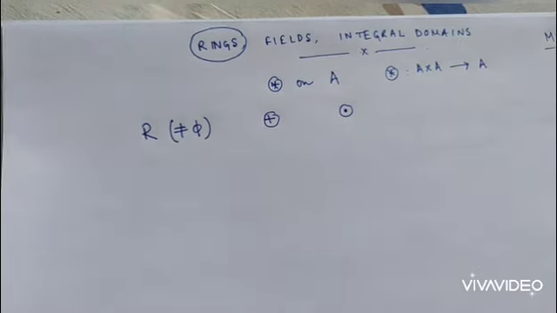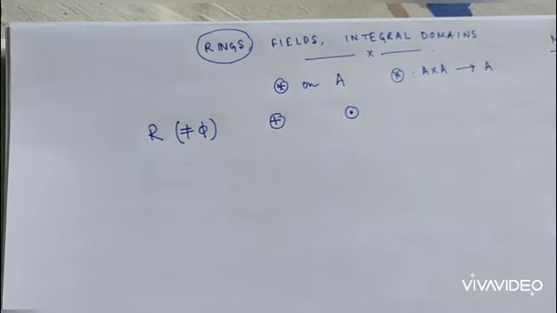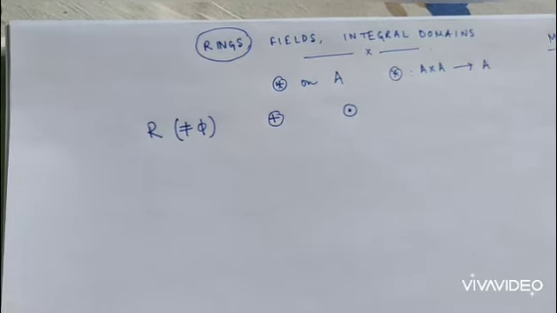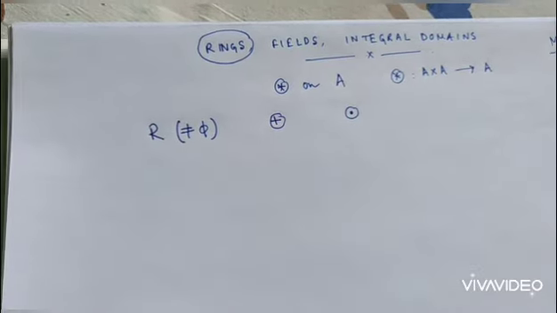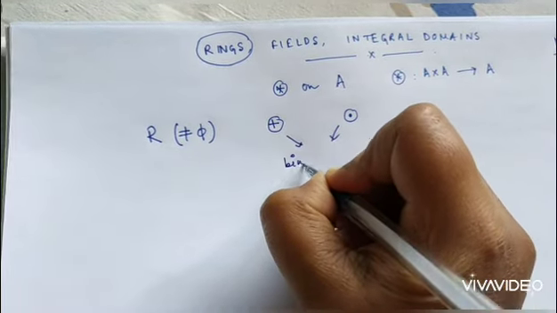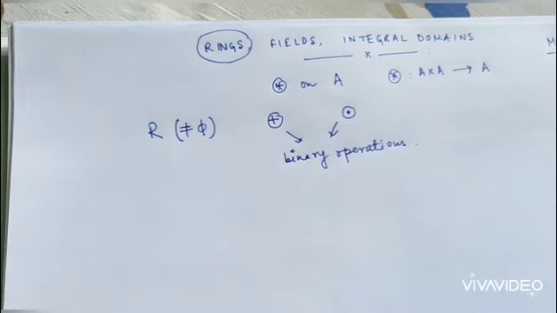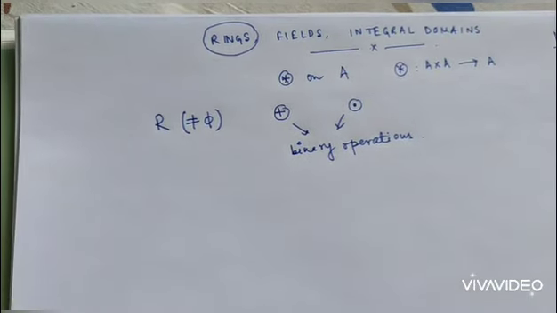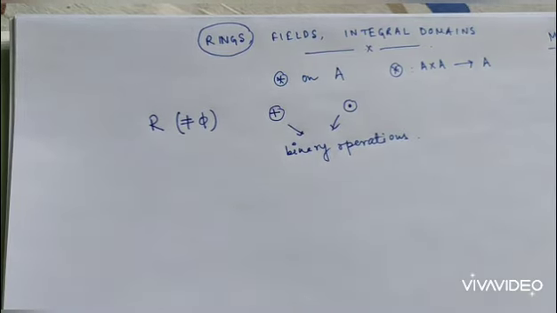I have not defined them, whether they are addition or multiplication or matrix multiplication or class addition, whatever. I have just told that they are binary operations. So I have taken two binary operations over a non-empty set R.